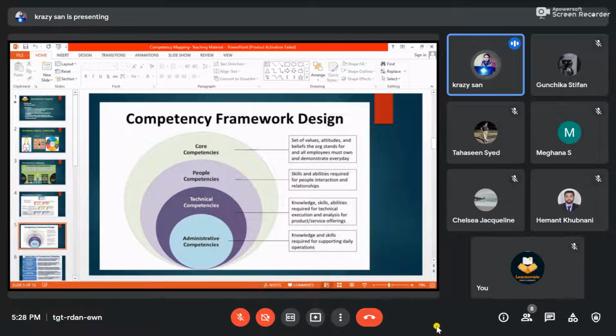Then come technical competencies. These might be knowledge of a particular software, how good you are with MS Office, and how smartly you handle technical problems associated with your machine.